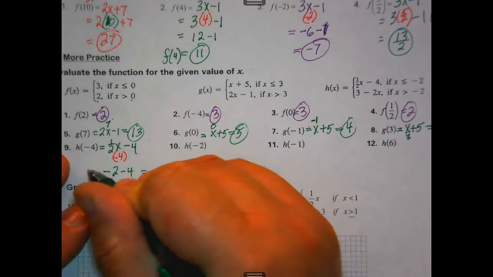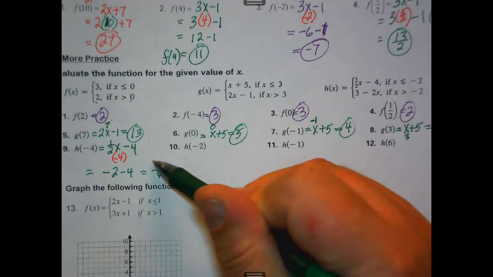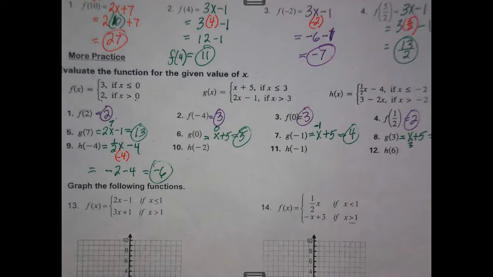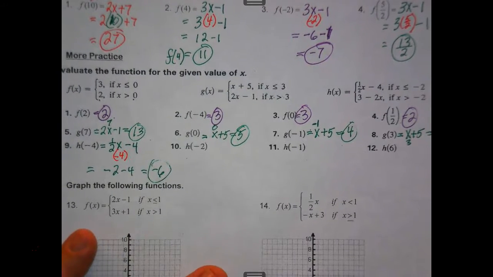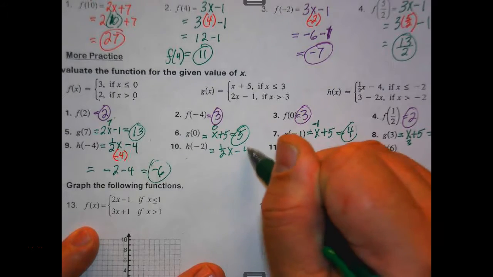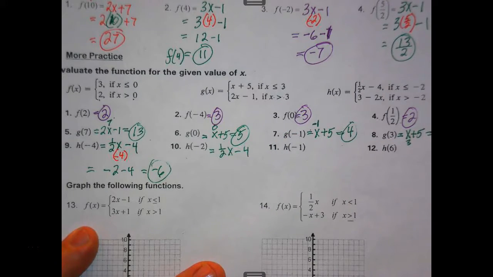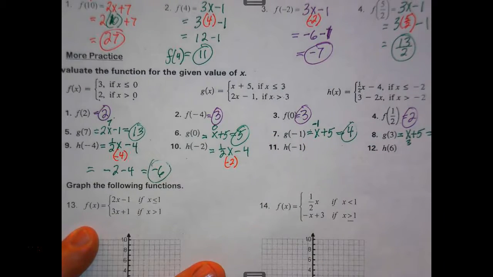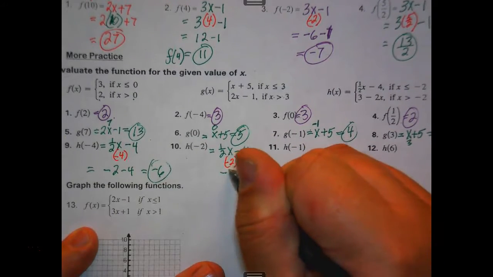Good. How about h of -2? Half x minus 4. Going to substitute in -2 for x. Half of negative 2, minus 4.